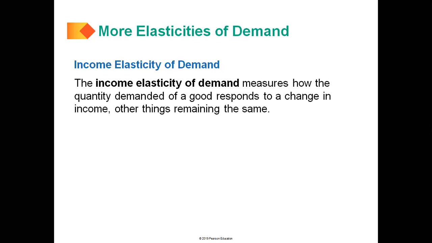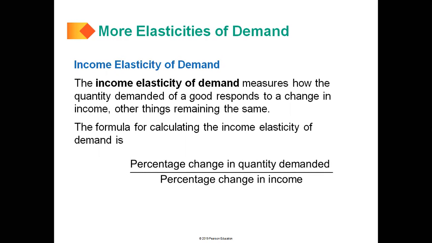In other words, if I get a raise, how is that going to affect how much Starbucks or gas or shaving cream I buy, even though I'm using an electric razor.